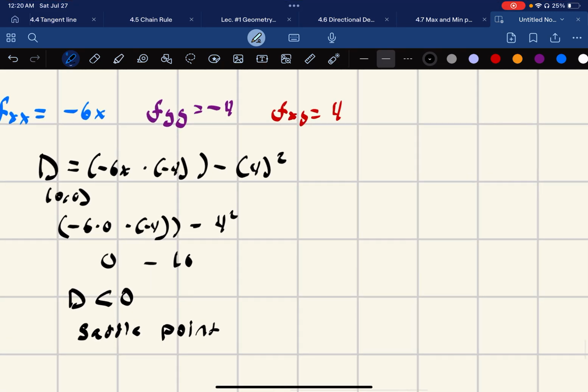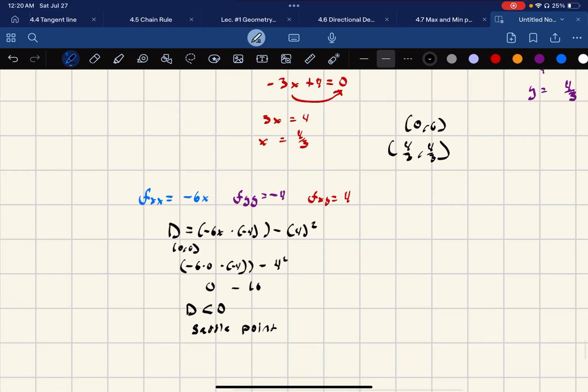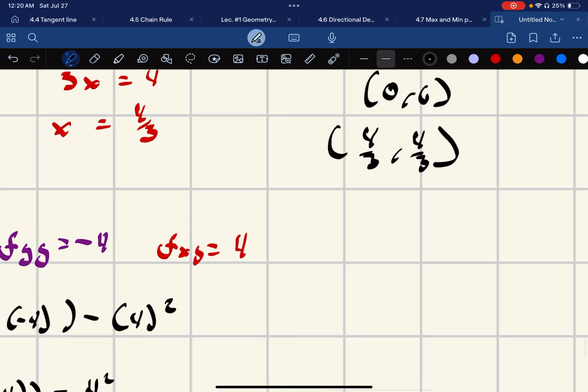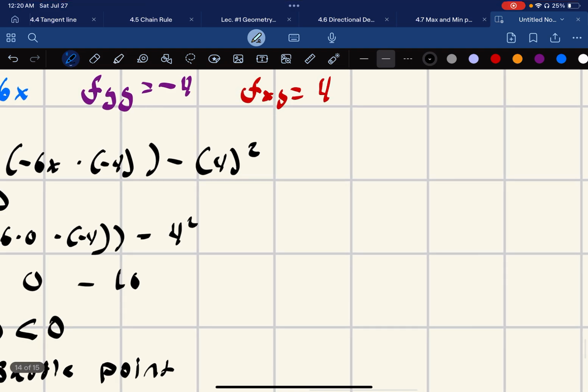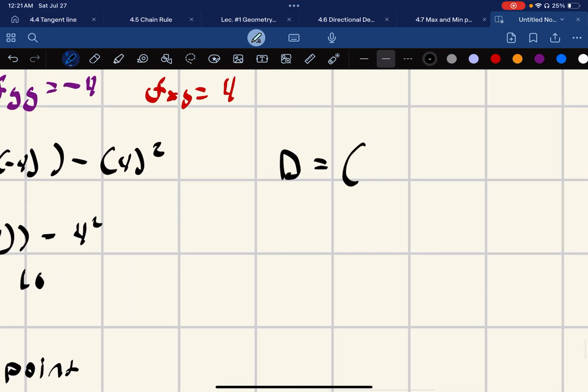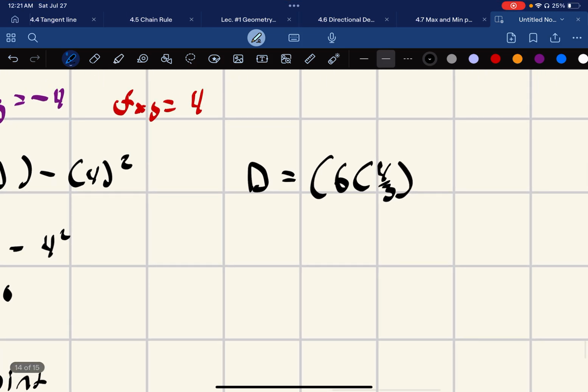And finally, we test the point 4/3, comma 4/3, right? We have D is equal to negative 6 times 4/3 times negative 4 minus 16, right? So what do we get?